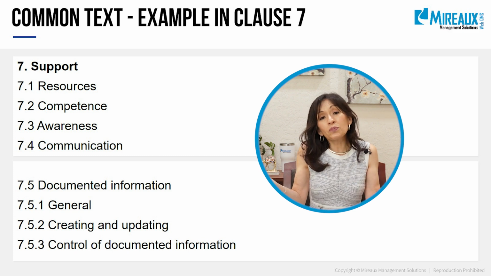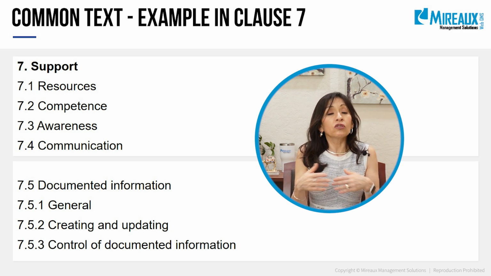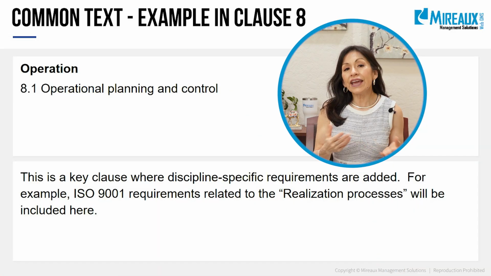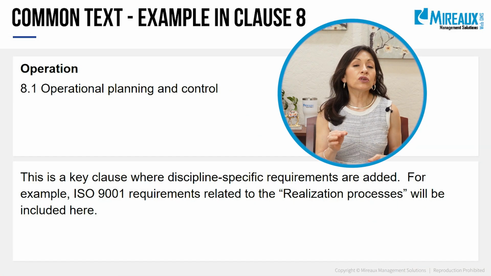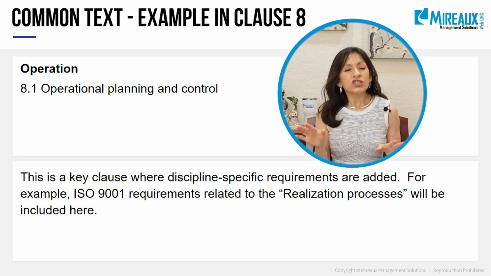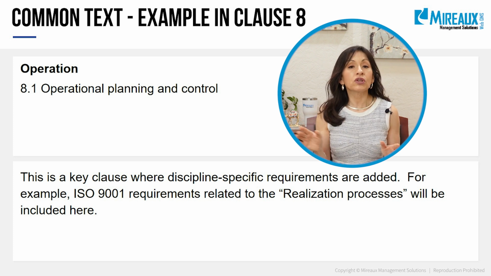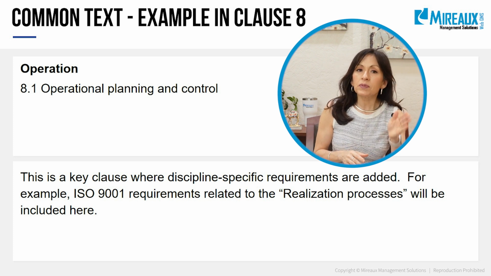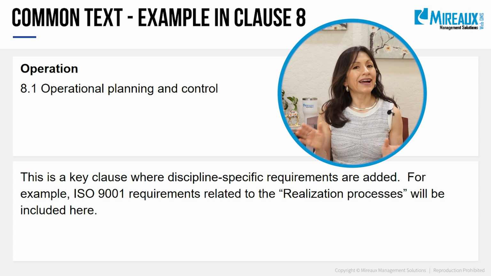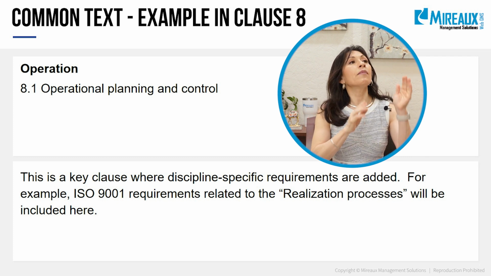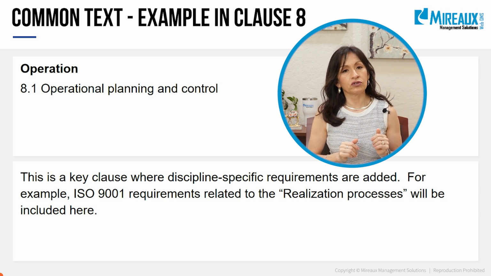All the essential support functions you might manage through various WebQMS modules. Clause 8, operation, particularly 8.1, operational planning and control, has some common text, but this is another major clause where many discipline-specific requirements are added. For example, ISO 9001 will have detailed requirements here about product realization processes.